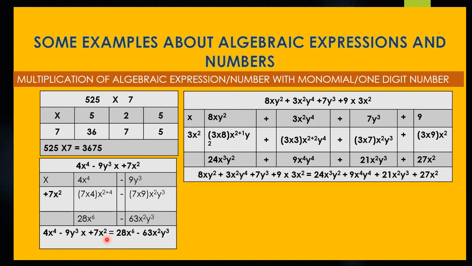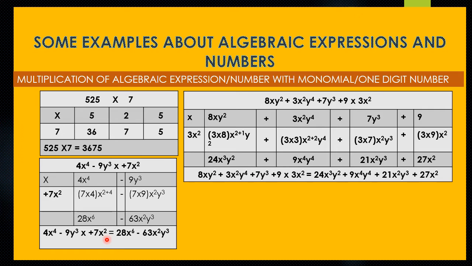We can just put these two variables close to each other, meaning that they are in multiplication with each other, but we cannot add their exponents. You look here, the exponent of x² has just remained intact, and the exponent of y³ has also remained intact. We have not brought any change in the exponents.